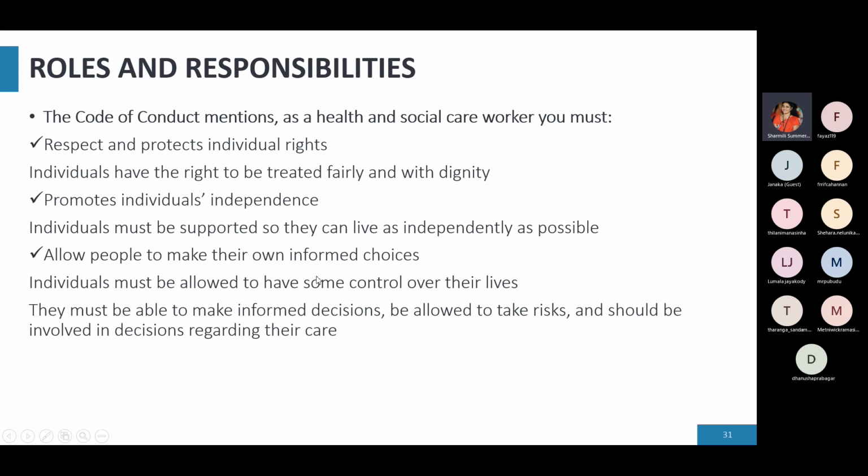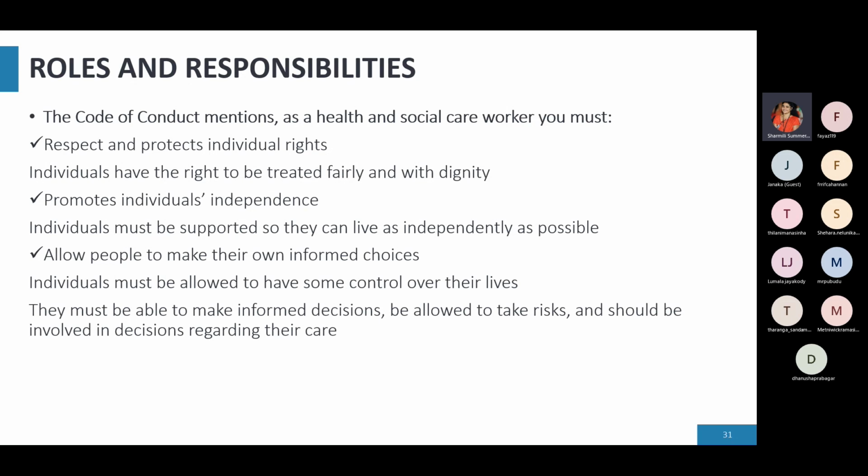Allow people to make their own informed choices. The patients have rights to make their own informed choices, their perspectives, suggestions, opinions, ideas. We need to allow them to make their own, and then we can talk with them: why we are not accepting their choices, or whether there is any other better method available or not.